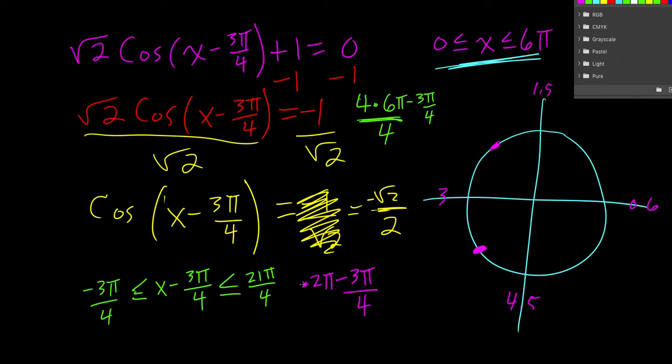And so we times that by 4 over 4. So we got 8 minus 3, so this is 5 pi fourths right here. Okay. Like rotating this direction. So this is 5 pi fourths. Okay.